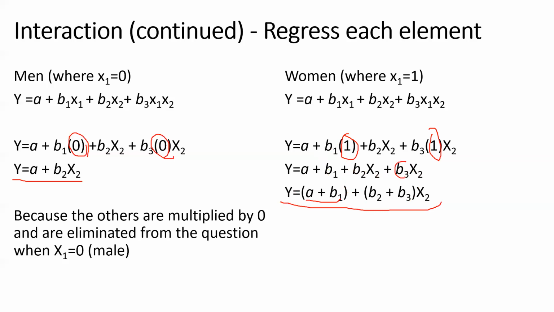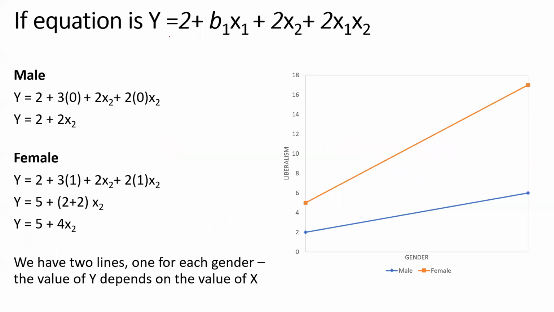Then we take out the x sub 2 and stick it out here, because those are in common, and that's a simplification of our equation. So if our actual equation comes out to be 2 plus b1 x1 plus 2x2 plus 3x1x2, I'm sorry, this should be the number 3, excuse me.